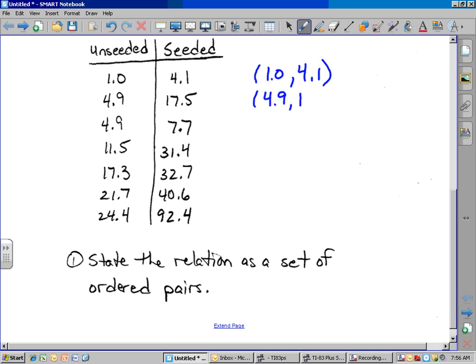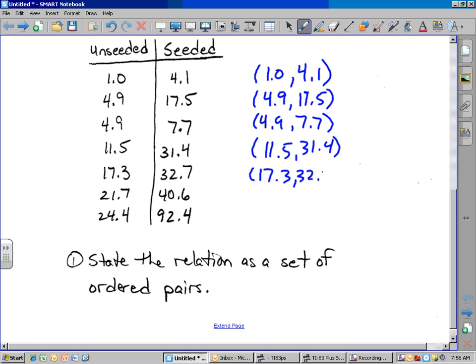4.9, 17.5, 4.9, 7.7, 11.5, 31.4, 17.3, 32.7, 21.7, 40.6, and 24.4, 92.4.